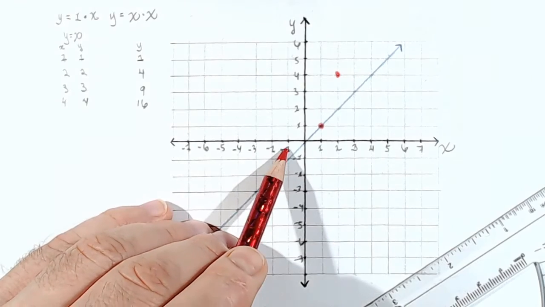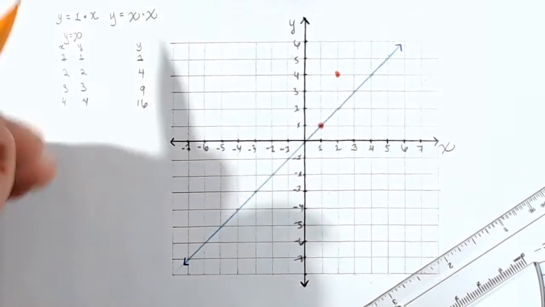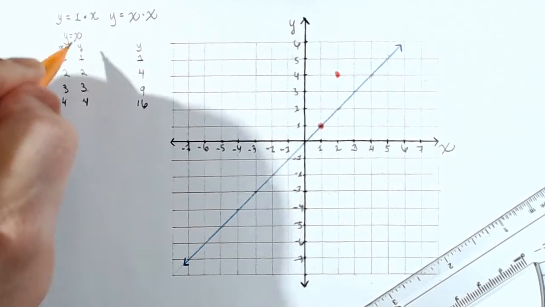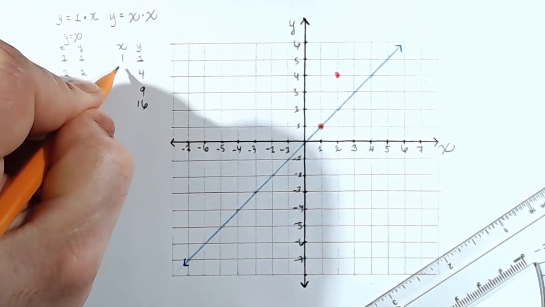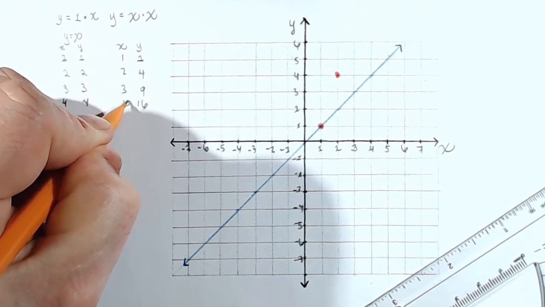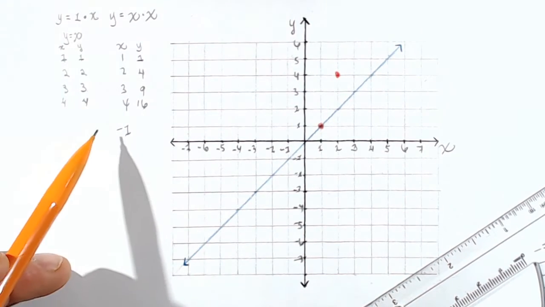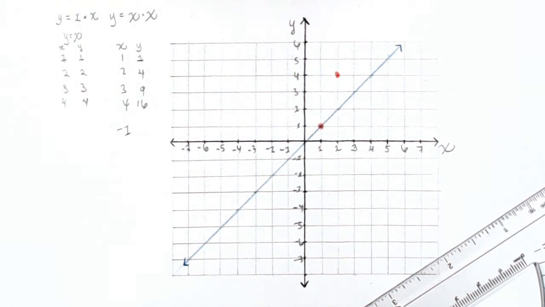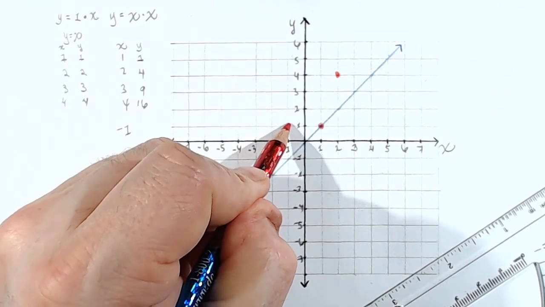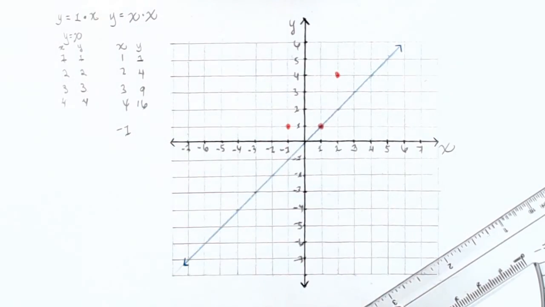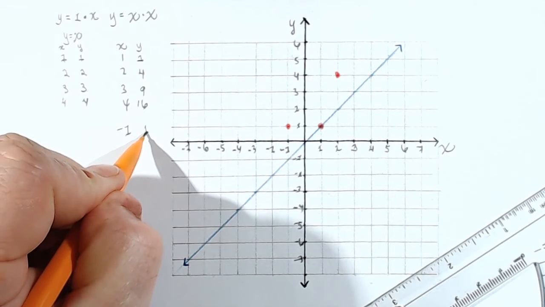Now we can do the same thing on the other side. So let's put in x, 1, 2, 3, 4. Let's try x is -1. Well, -1 times -1 is +1. Right? So that's 1.